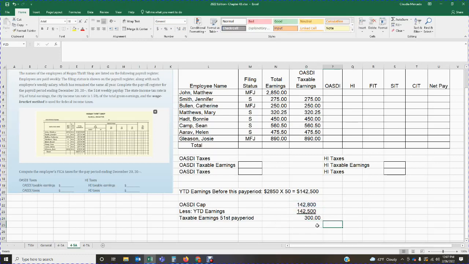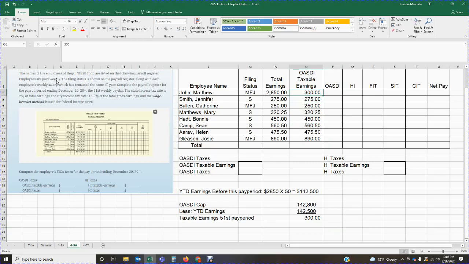So even though Matthew earns $28.50 in this 51st paycheck, Matthew is only going to pay OASDI taxes on $300. Everything above that $300 is no longer taxable for OASDI purposes. So my OASDI taxable earnings for Matthew is $300.